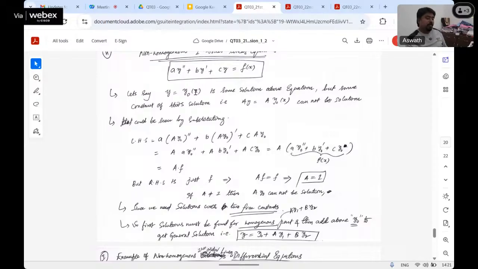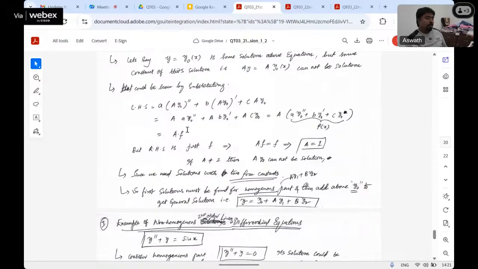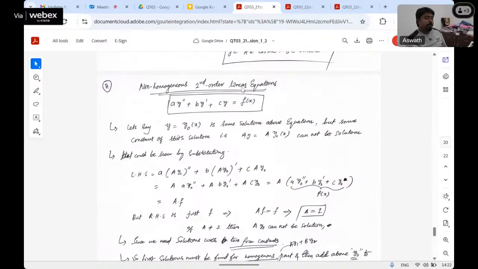So let's say I have y naught x for this entire differential equation. If the solution is multiplied by some factor a, and we have to get another solution by multiplying, let's check. Take the LHS of this equation and substitute, and what you get to see is a multiplied by the LHS of the solution with y naught in place.